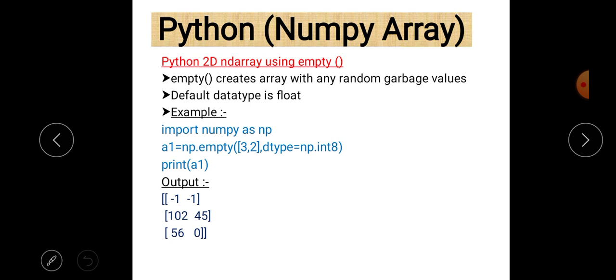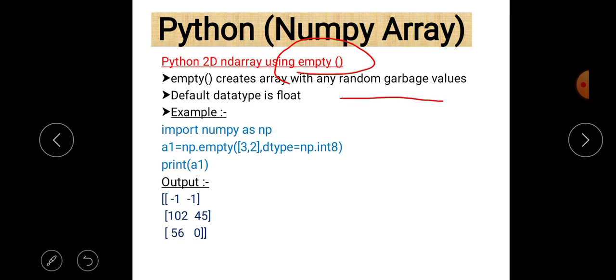Let us see the empty function. Third is empty. As the name suggests, empty means there is no element at all, but it will create a two-dimensional array. The main important thing is that it will generate random garbage values.